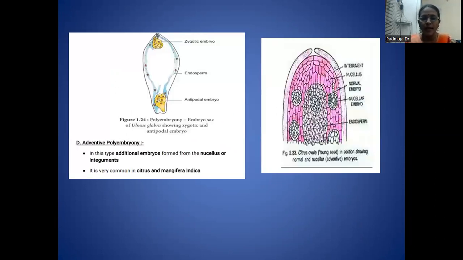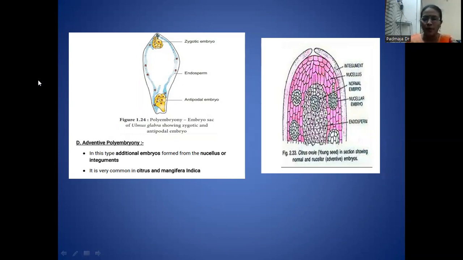And these are diagrammatic representations of embryos forming from the zygote and embryos forming from the antipodals. In the first diagram, the zygote is dividing and we clearly see cleavage polyembryony, developing into embryos. And the antipodals may also develop and give rise to embryos.